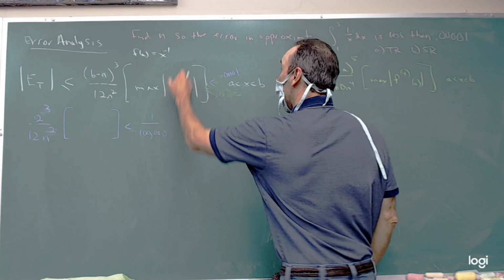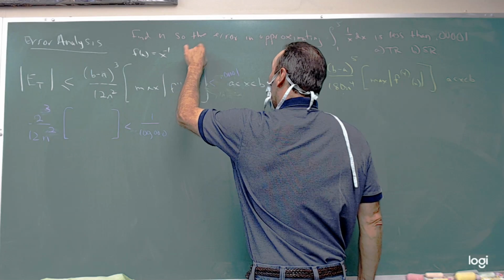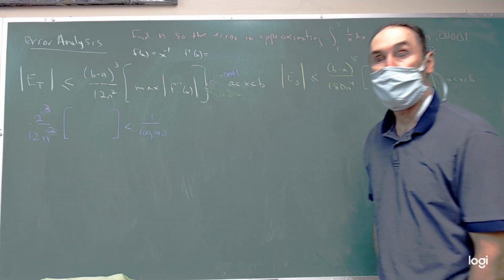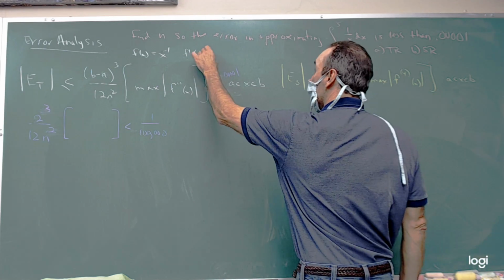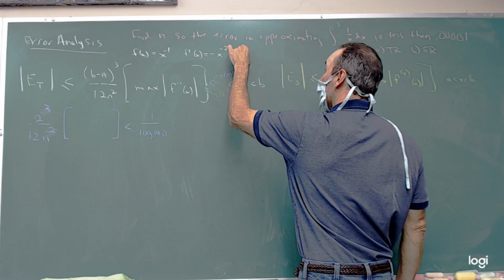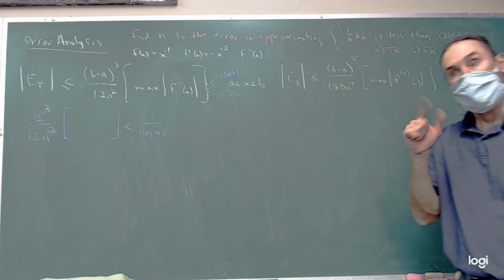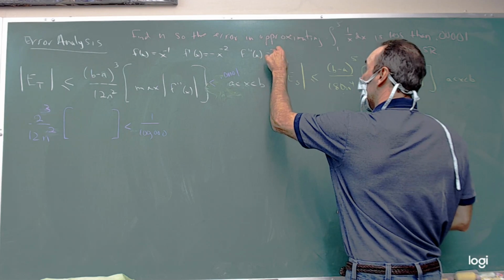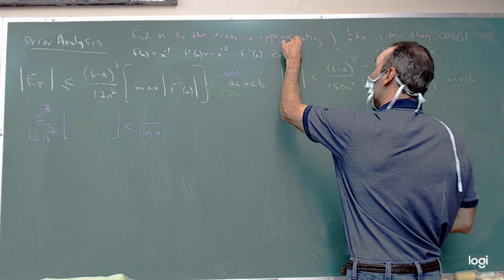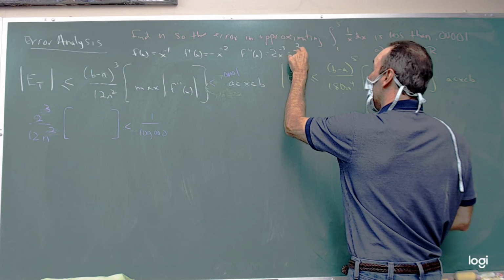So f prime of x is going to be negative x to the negative 2. And f double prime of x is going to be 2x to the negative 3, which we're going to think of as being 2 over x to the 3rd.